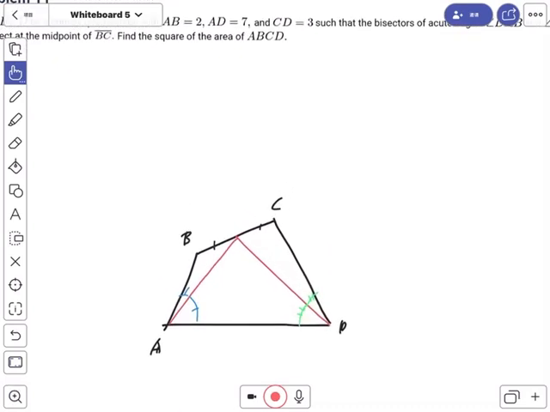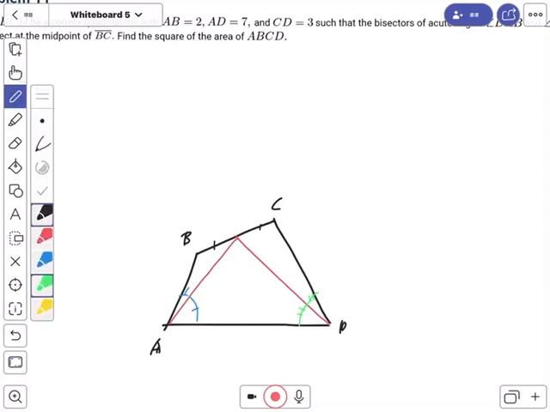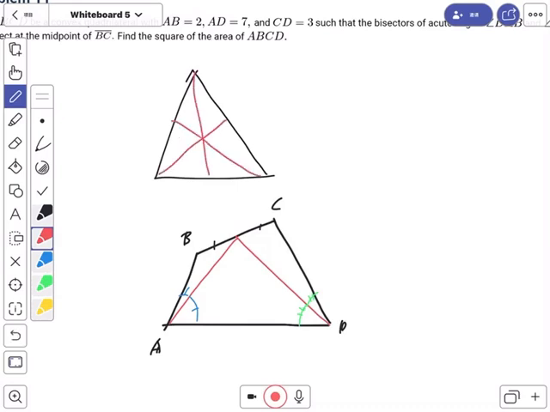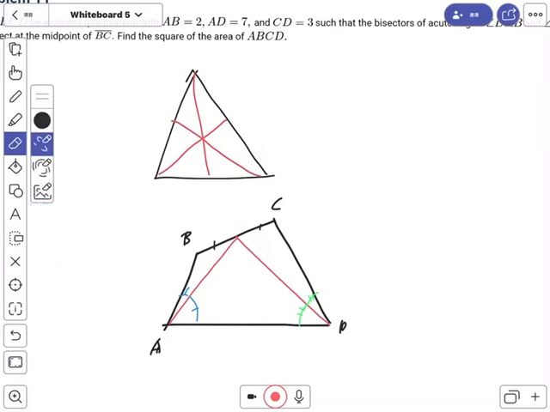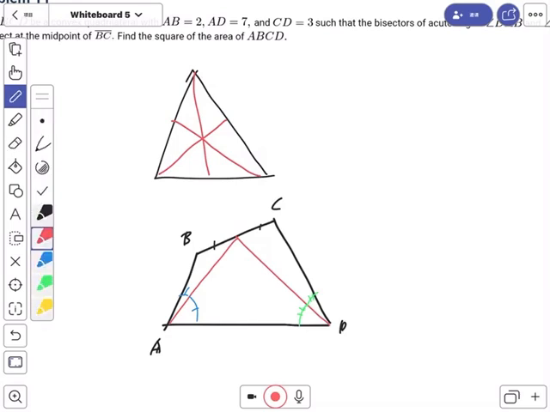So now, in a triangle, the three angle bisectors actually intersect at a common point, and this point is called the incenter. The incenter is the center of the circle that's inscribed inside the triangle.